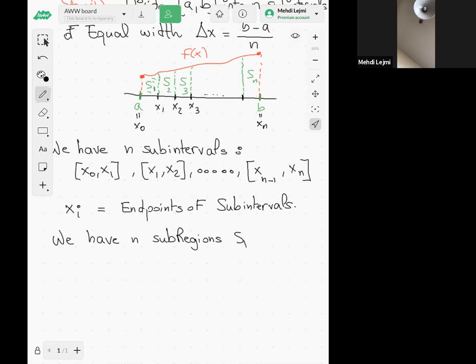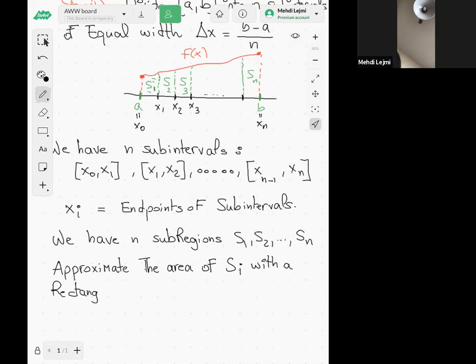Right. So S1, S2, etc., Sn. So I'm going to approximate the area of the subregion Si with a rectangle, with width delta x.